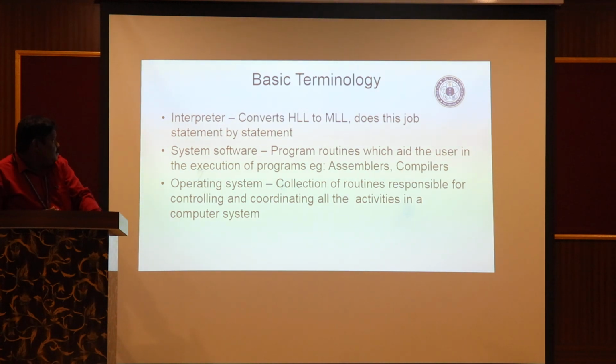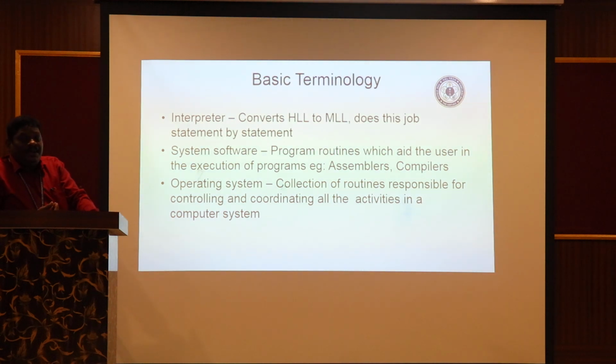Next, we have to know the two types of software. One is system software, another one is application software. System software means the software the system needs to run applications. That is called system software. The best example is an operating system.